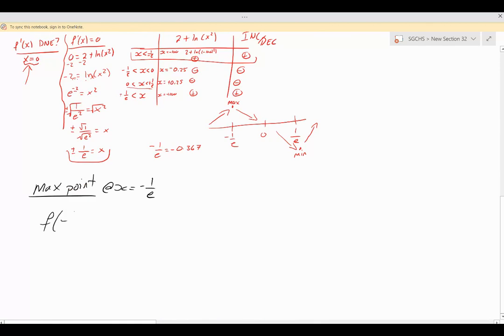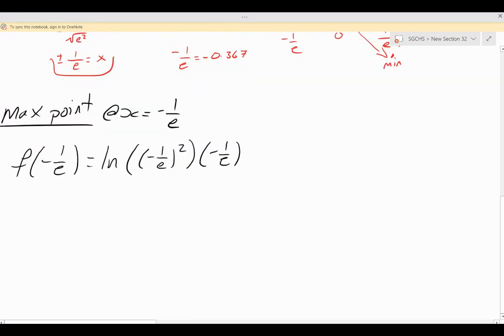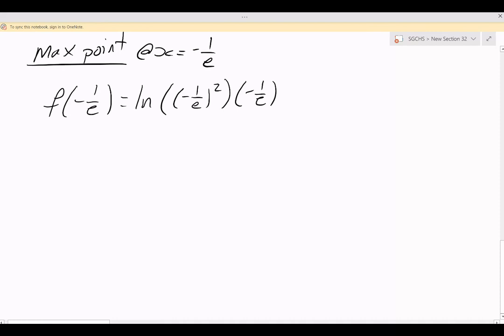So f at negative 1 over e equals ln of negative 1 over e, squared, times x, which is negative 1 over e. So what's happening here? Well, we can do a few things to deal with this. Let's apply this square inside, and it'll also get rid of our negative value. So ln of 1 over e squared times negative 1 over e.